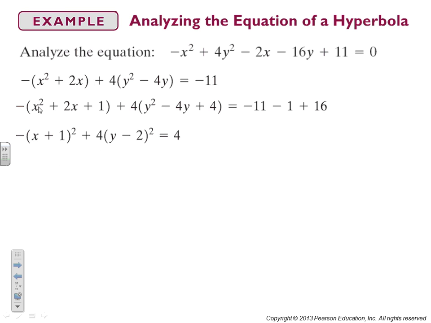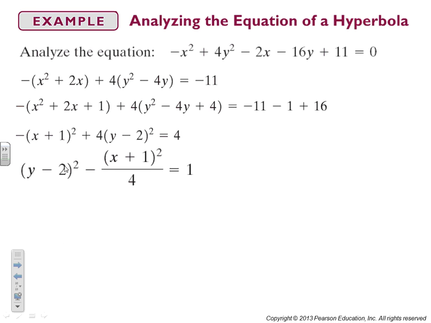All right. I then rewrite each of these terms as a squared term. Negative 11 minus 1 is negative 12, plus 16 is 4. That's turning out nice. So then I divide both sides by 4 because my equation says equals 1.